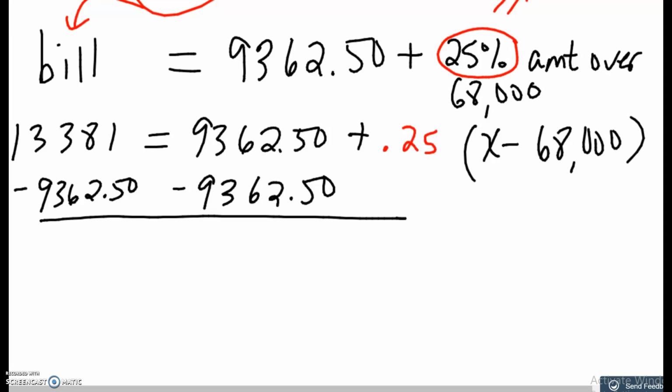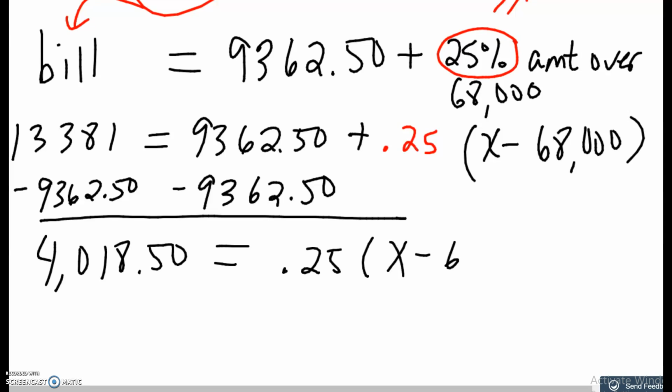We'll have a difference of $4,018.50 equals 25% of X minus $68,000. And I'll record part 2 and pick up from this point.